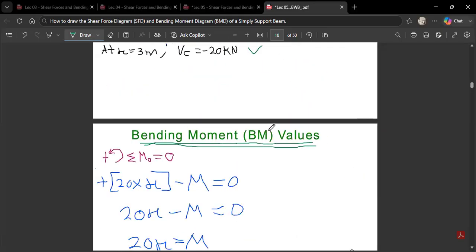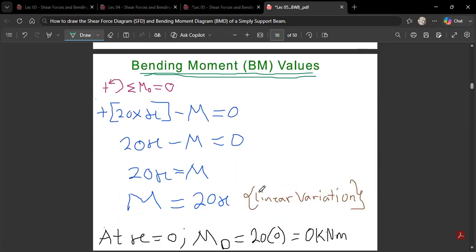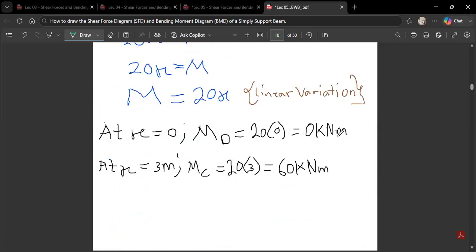At MD was what? 0 kilonewton meters, but MC was what? 60. So MD, take note, moment at D is 0 kilonewton meters. But MC, you already know is 60. So that's good. So the bending moment values, you can see that they are reflecting with one another.